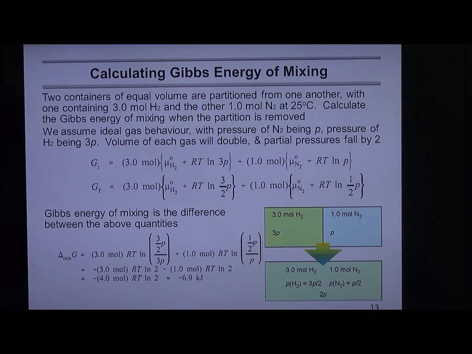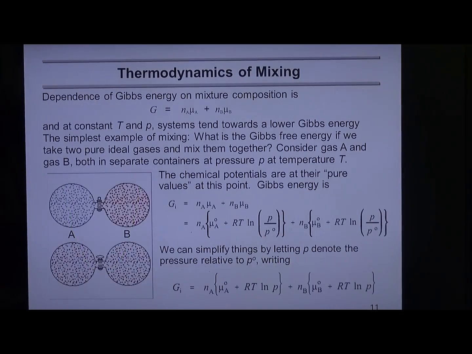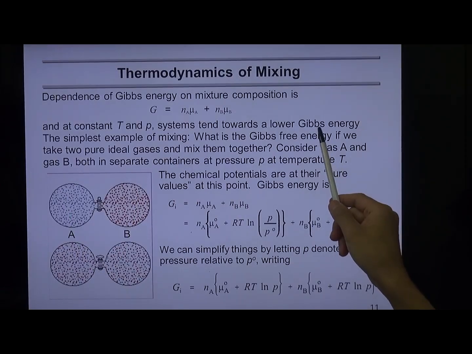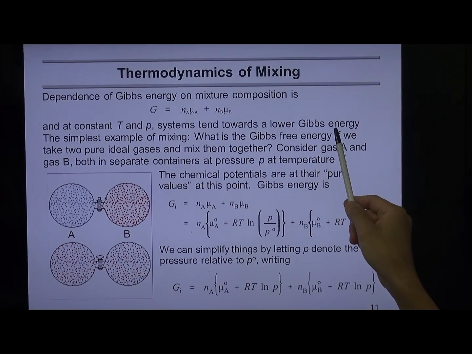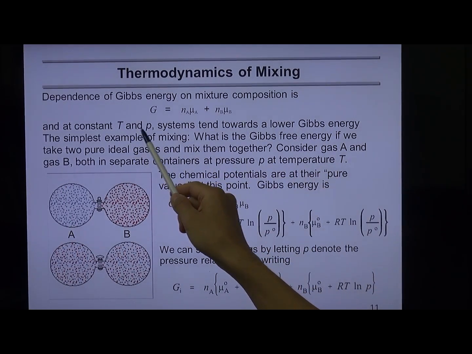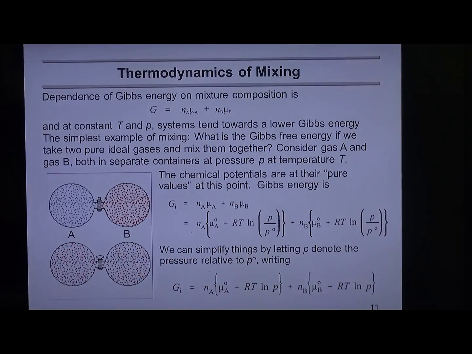One thing to note from this example is that you should not interpret this negative Gibbs energy of mixing as a sign of a spontaneous process, because a negative Gibbs energy indicates a spontaneous process only when temperature and pressure are constant.